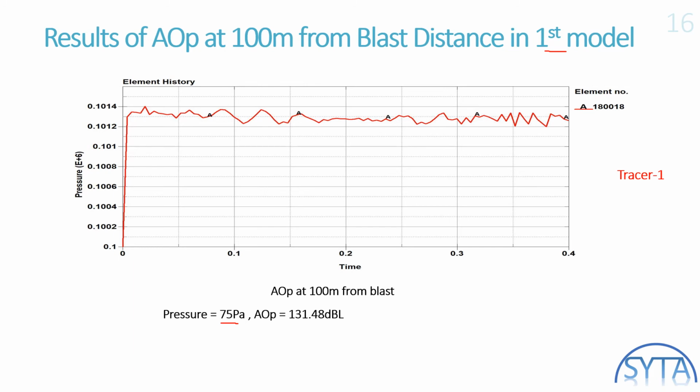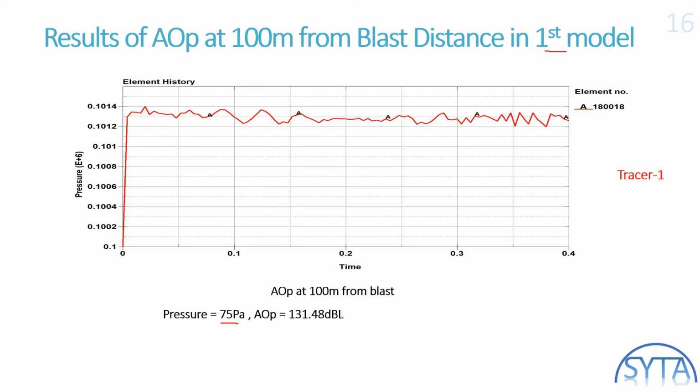The air pressure at 100 meters from the blast at tracer point 1 is 131.48 decibel. Means the total pressure of tracer point 1 in model 1 is 0.1014 e to the power 6 Pascal.